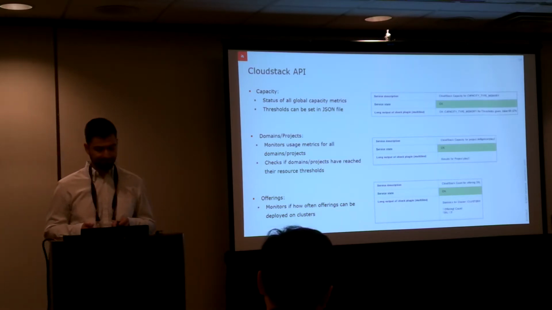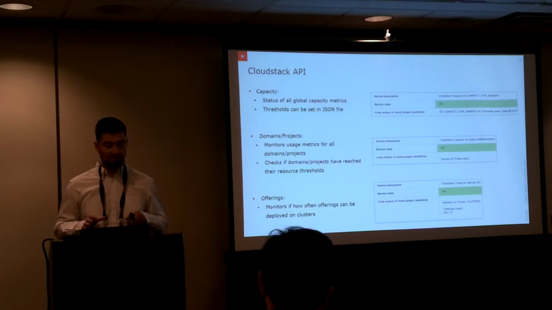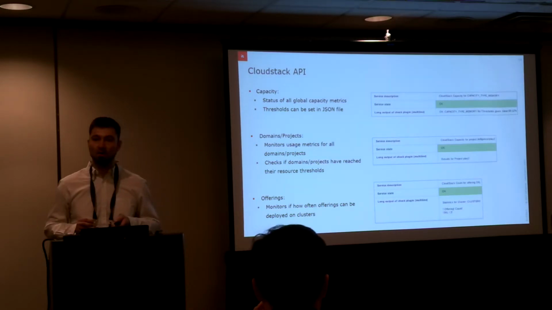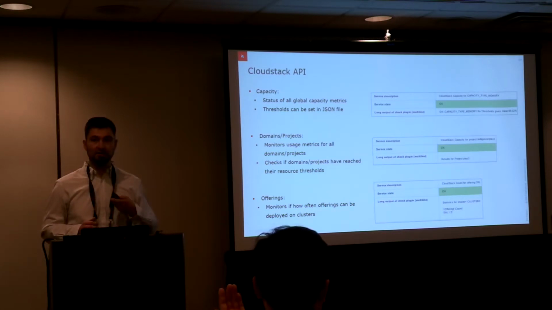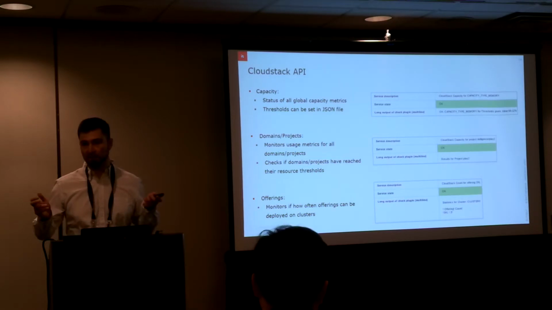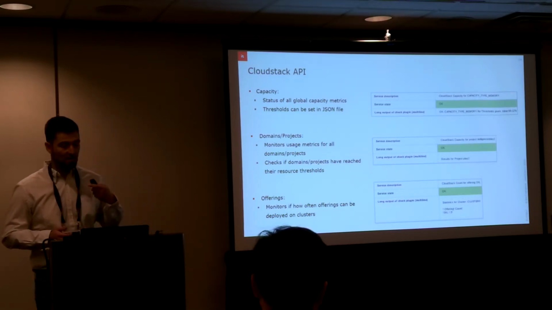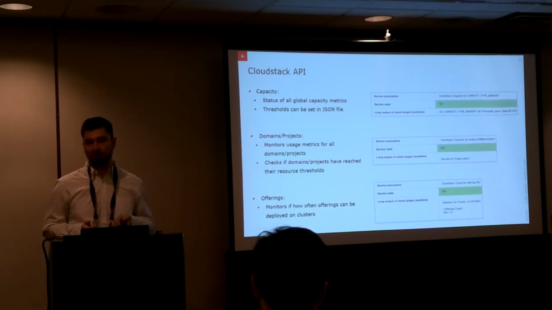The last one is the offering check, which reads all the defined offerings from CloudStack and simulates the deployment on all the configured hypervisors and counts the possible deployments of a specific offering. Also here we can define thresholds to be informed maybe when we just have one XXL offering left for the customer, so that we can order new hardware or maybe delete some test VMs or something.